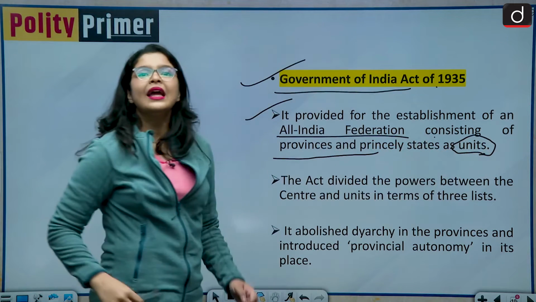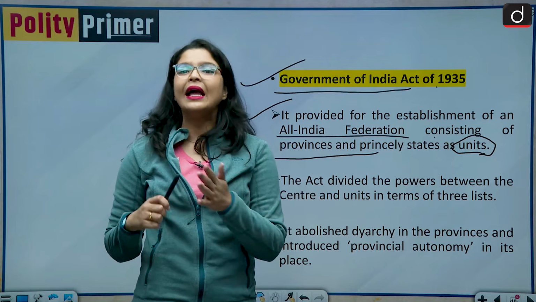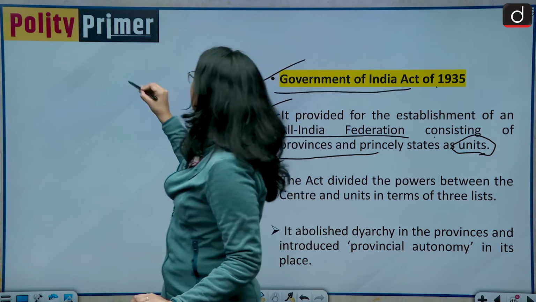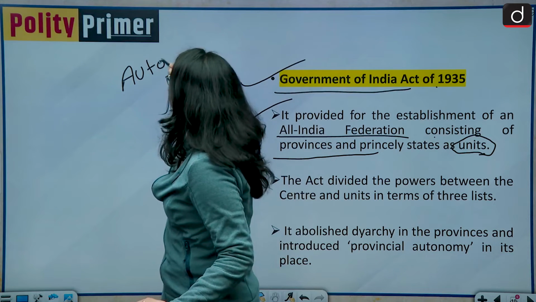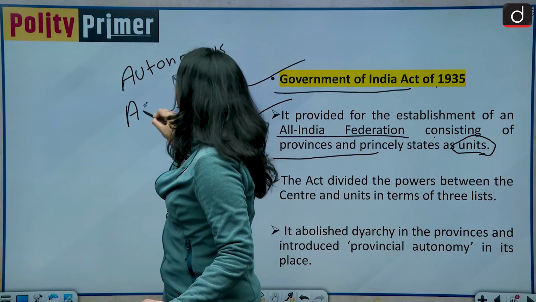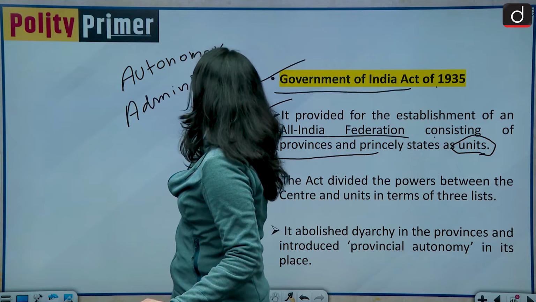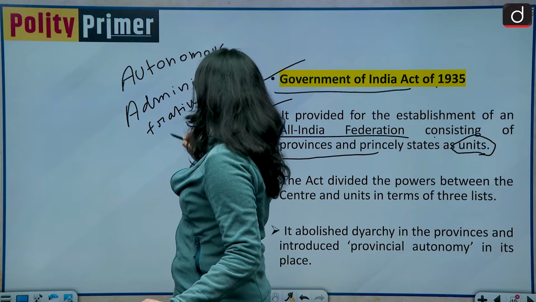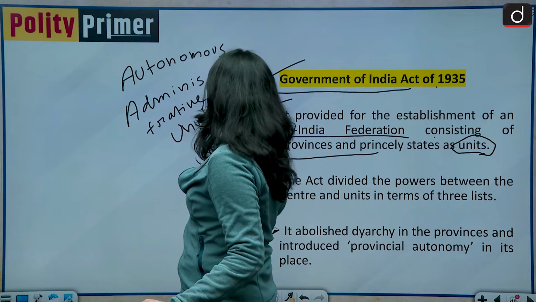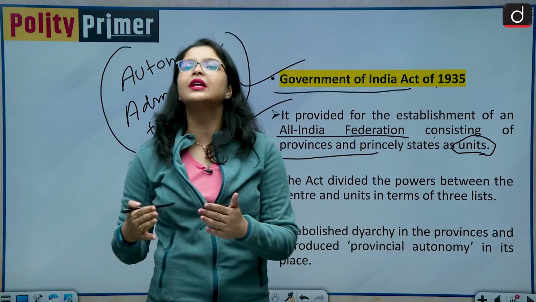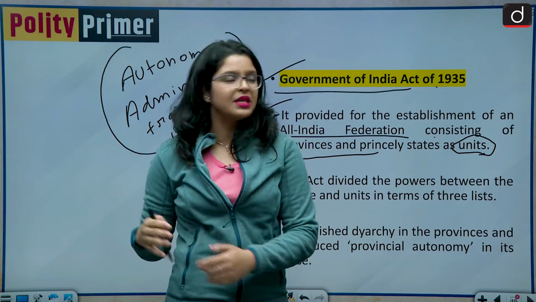So basically, it divided the provinces and princely states into autonomous administrative units. Okay, that means the British government gave them certain freedom in governing themselves.